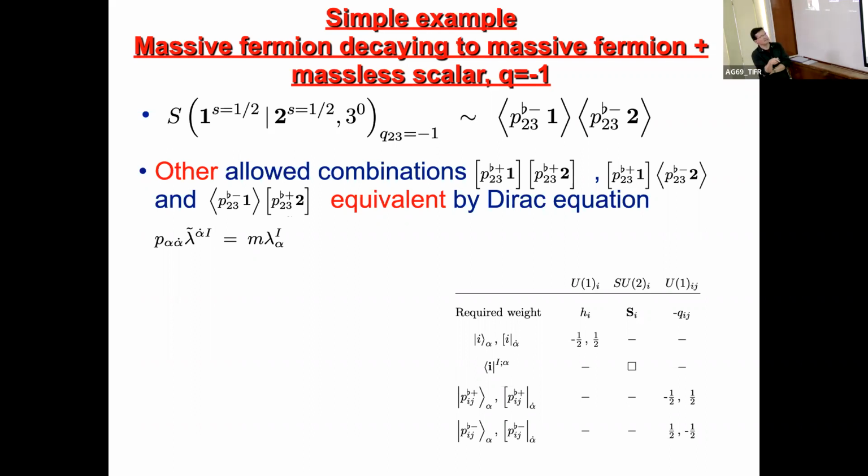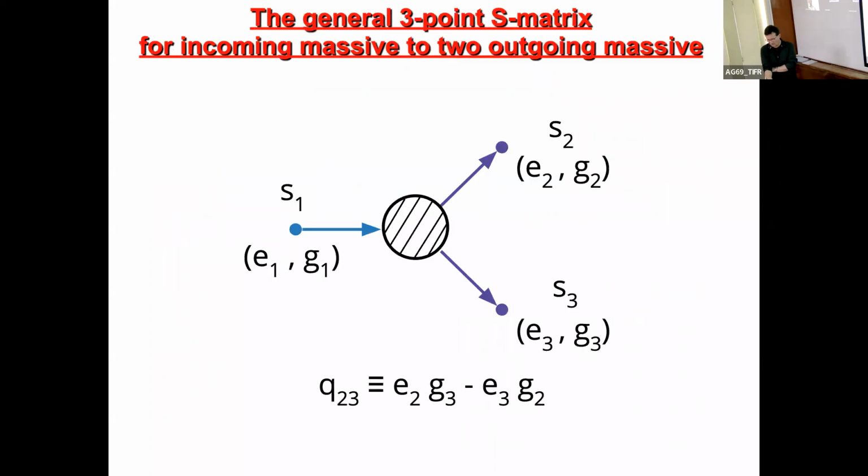This is how you make up an amplitude that has the right transformation properties. You can check that this one has exactly the right transformation properties, and other combinations that we can write will be equivalent to this one by the Dirac equation.